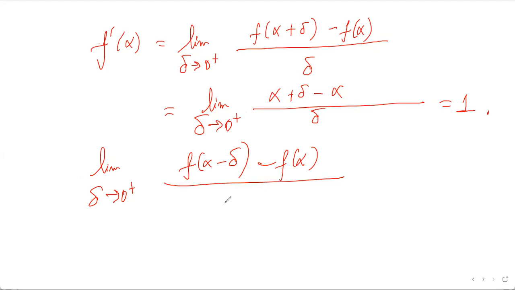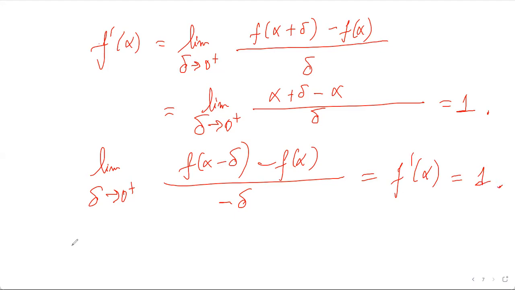So here now, delta is tending towards 0 plus, and we have that this is f dash alpha, and this should be equal to 1.